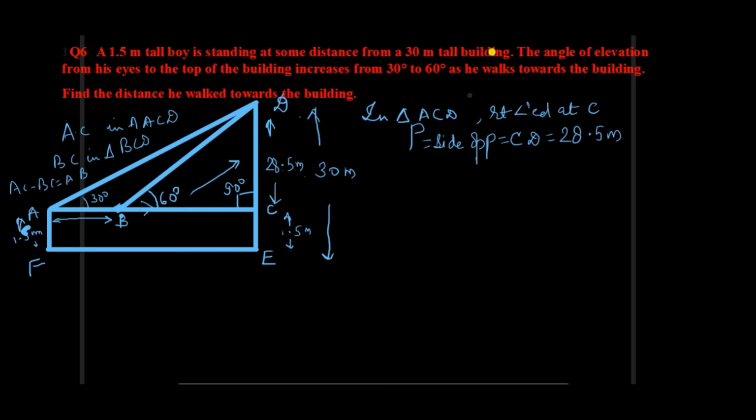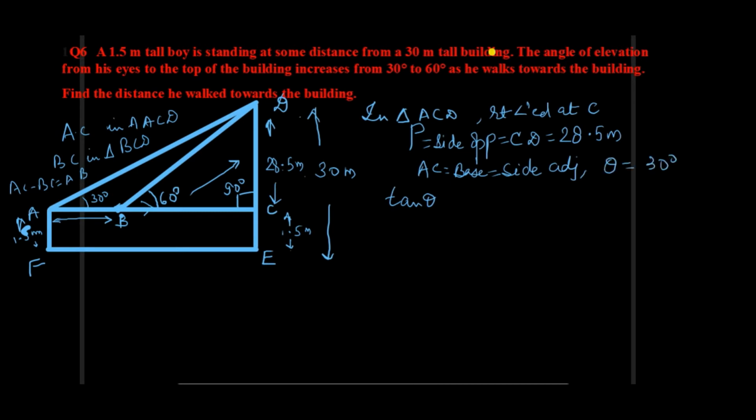Perpendicular, that means side opposite, is given to us, and we need to find AC. AC is the base or the side adjacent. This we need to find. And whenever we have to find a relation between side opposite and side adjacent, or we say perpendicular and base, what we make use of is tan theta. And the theta given to us is 30 degree.